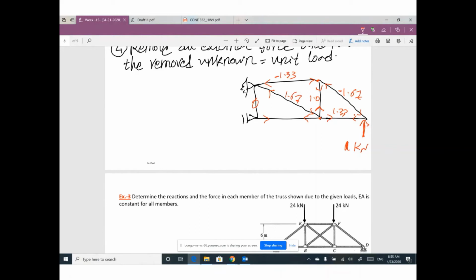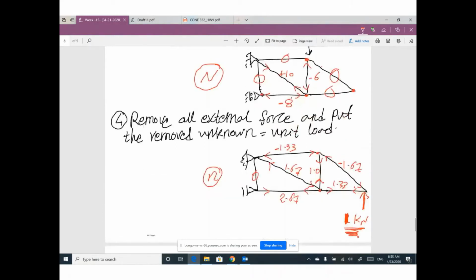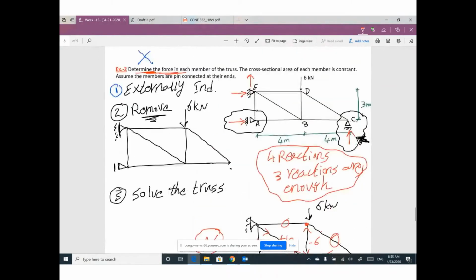Yeah, times 2.67. These internal forces can be called small n. All of these internal forces are only due to the unit load value for the extra unknown that you removed in step number 2.